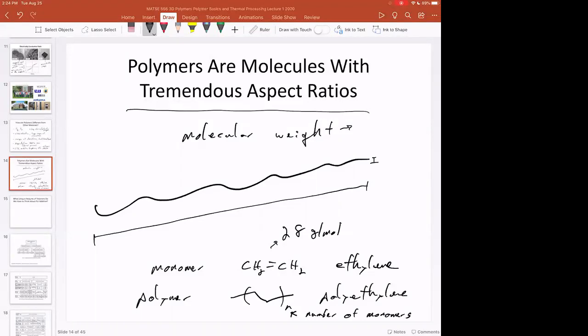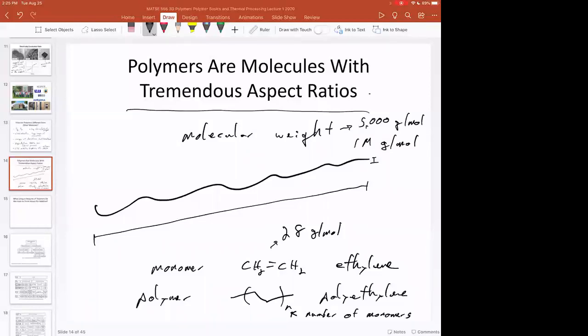In order to make it over the bar to be a polymer, what does the molecular weight have to be? Like 5,000 to 10,000. So maybe 5,000 grams per mole. That's maybe the very minimum, but what's the top end of molecular weight for a polymer? Maybe 1 million grams per mole. That's pretty high, but there's ultra high molecular weight polyethylene that's 10 million grams per mole, we think.